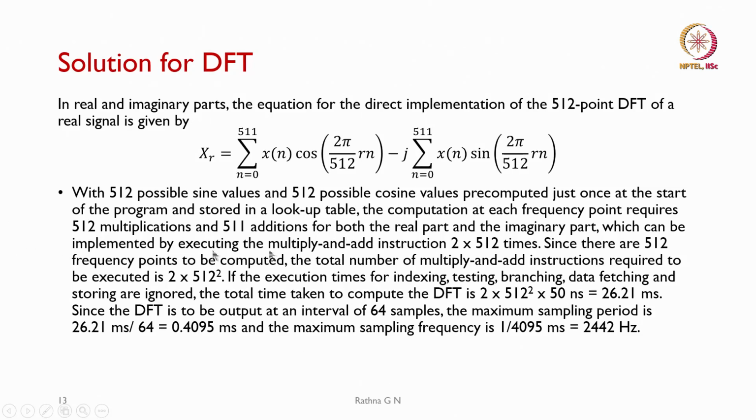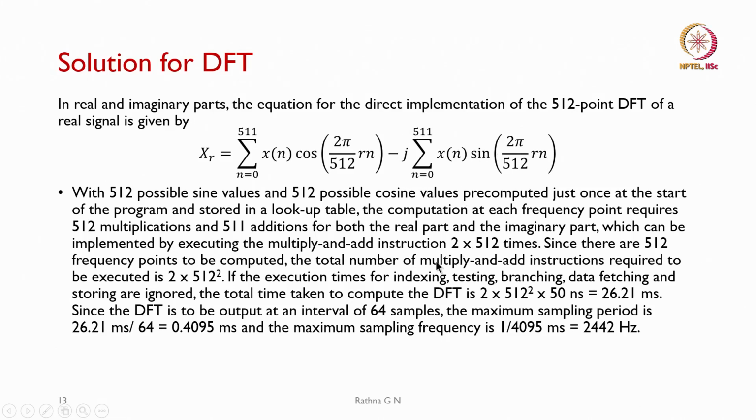And then what happens? Each frequency point requires 512 multiplications and 511 additions. That is, n multiplications and n minus 1 additions are needed for the real and the imaginary parts separately.